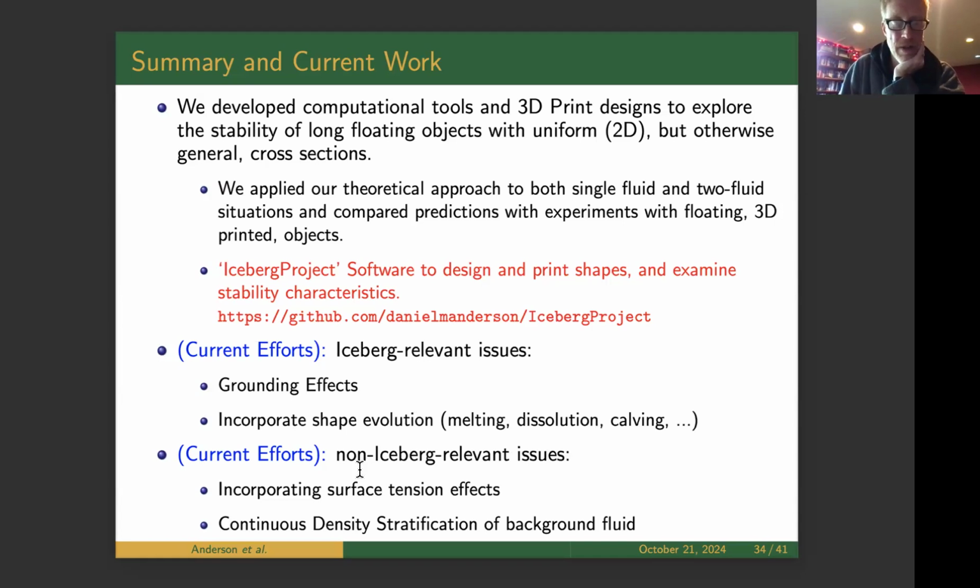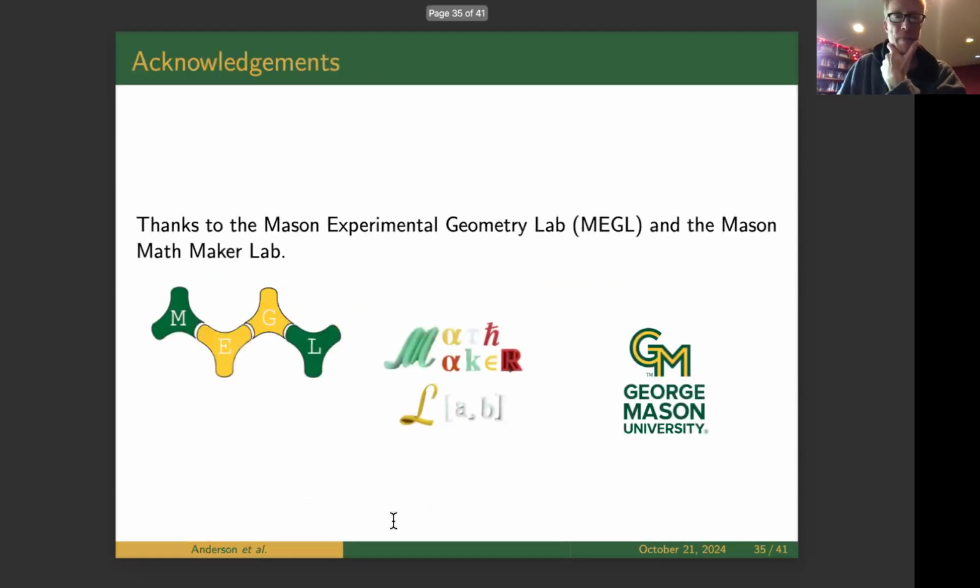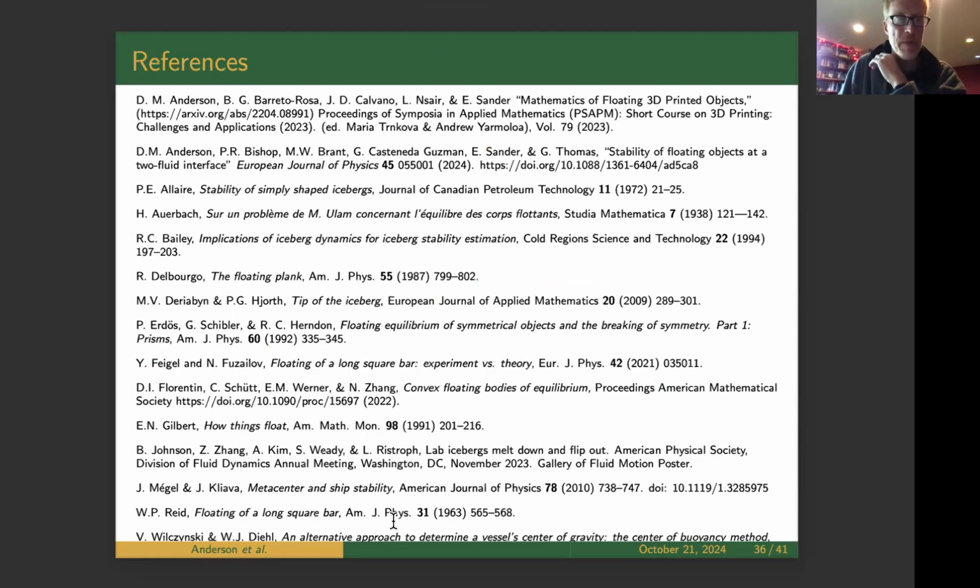And then, as I mentioned, there's several non-iceberg related things like surface tension, and also there's a question of, in these water syrup situations, there's a possibility of mixing and continuous density stratification. So I think that's my summary. I think our Mega Lab and the Maker Lab again put up some references here. If you're interested, I can direct you to any of those. But thank you for your attention, and happy to answer any questions if you have them.